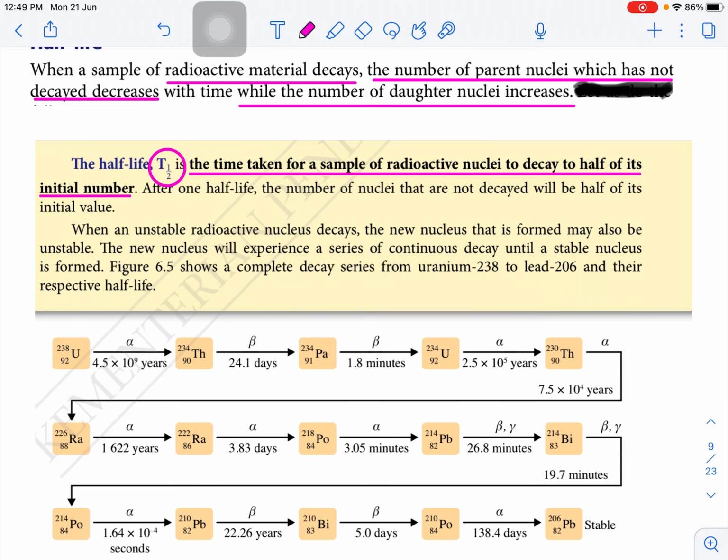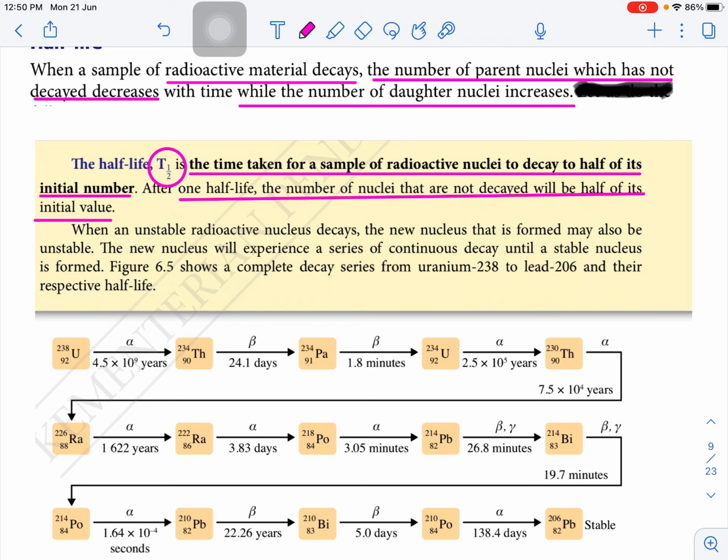You want to measure the time taken for a sample of radioactive nuclei, where the nucleus is unstable, to decay to half of its initial number. We will go through the concept of half-life later. After one half-life, the number of nuclei that are not decayed will be half of its initial value.